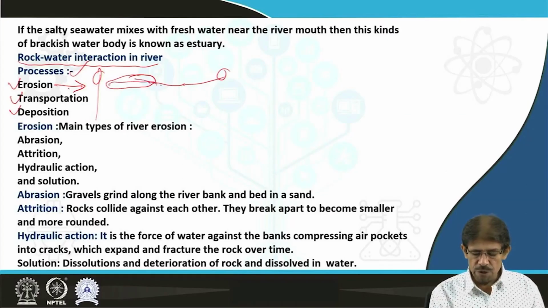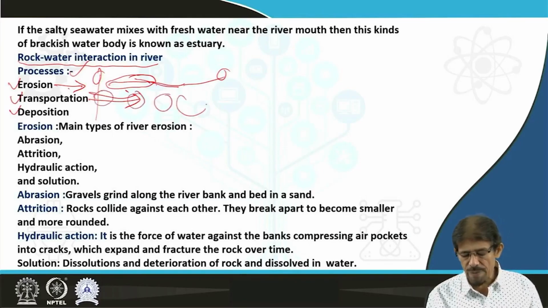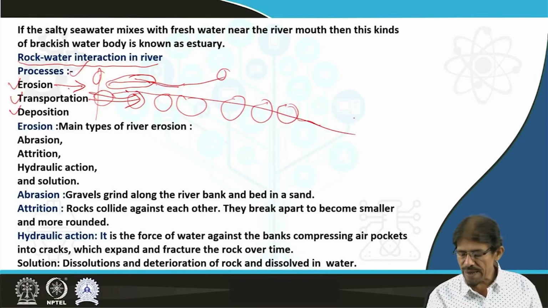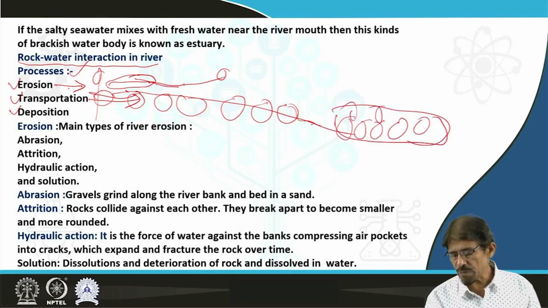The displacement and carrying behavior is known as transportation. The travel of material through water from one point to another, carried by the water, is recognized as transportation, and then the accumulation of material at a suitable place is recognized as deposition.